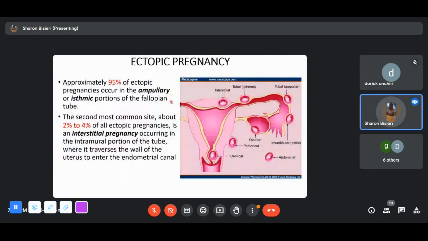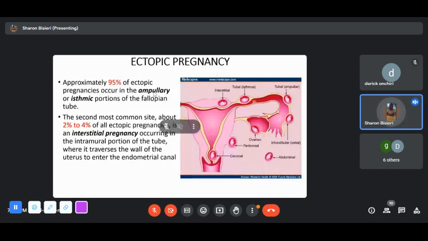So on to our first condition, which is ectopic pregnancy. By definition, an ectopic pregnancy is one that exists beyond our endometrium or our endometrial cavity. So if it's within the cervix, if it's in the interstitium, if it's anywhere on your fallopian tube, isthmus, ampulla, fimbria, if it's in the ovary, if it's in the peritoneum, or if it's within the abdomen, all these are considered ectopic pregnancies.